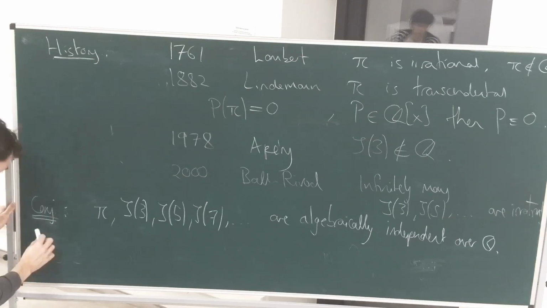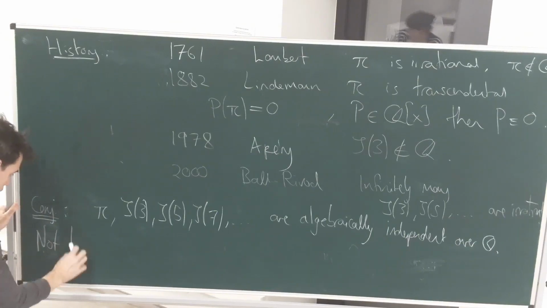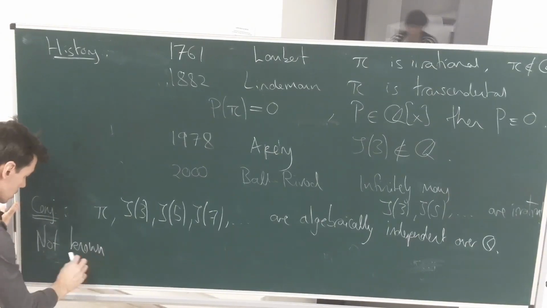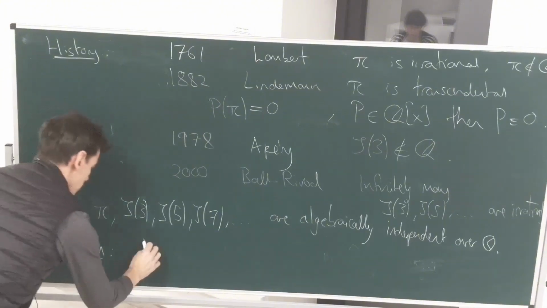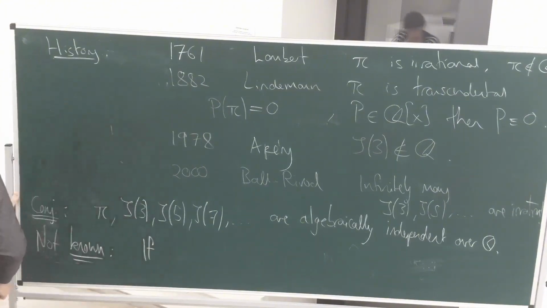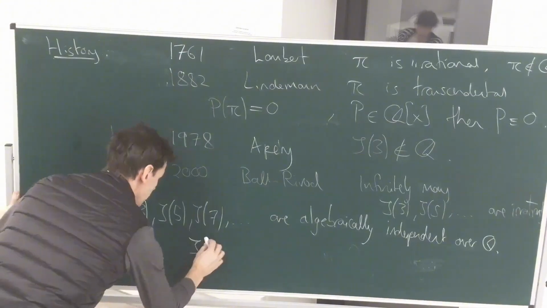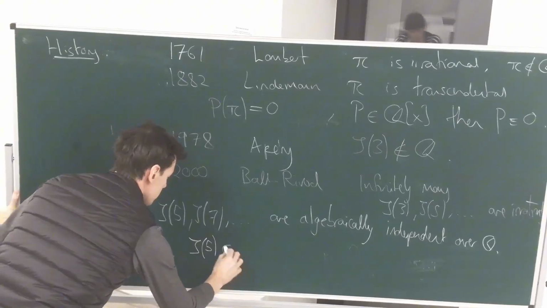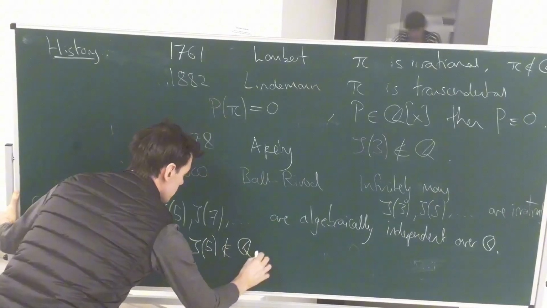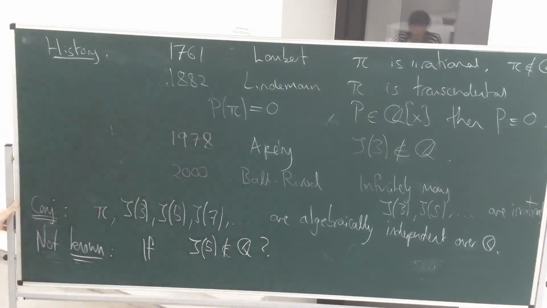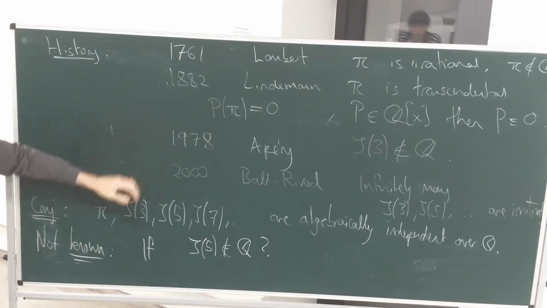Okay, so it is not known if zeta 5 is irrational. This is completely open and has been open for 50 or so years. People have tried to prove this.